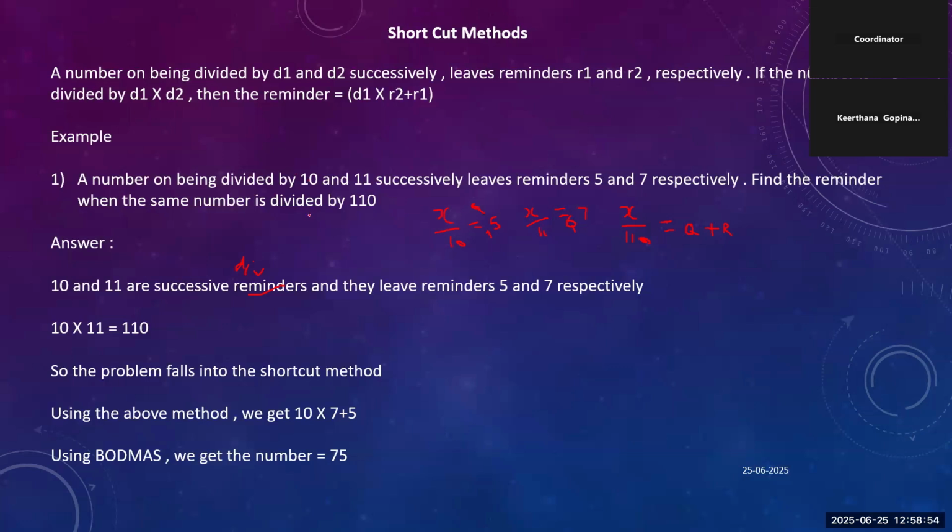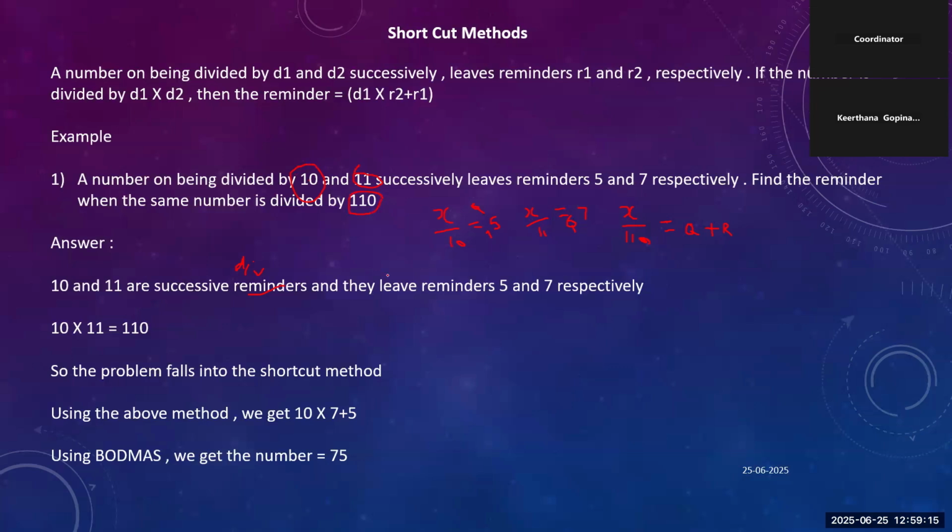When you look at the problem itself, you should find out what logic they are asking. It is divided by 10 and 11. 10 into 11 is 110, that is the third divisor. That is the problem that is being asked.